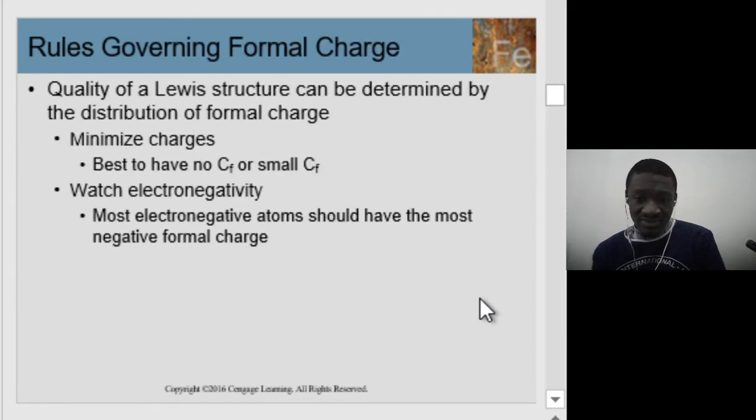So let's see more rules that govern formal charges. The quality of a Lewis structure can be determined by the distribution of formal charge. If you want your Lewis structure to be very accurate, then distribute the formal charges evenly, or check where there is formal charge and where there is none. So minimize charges.